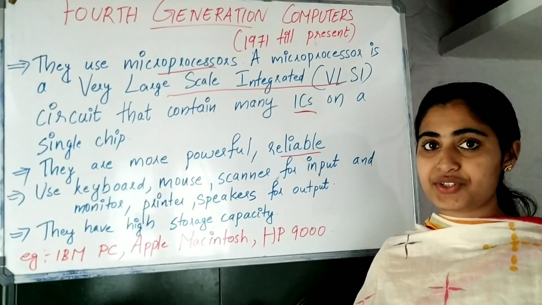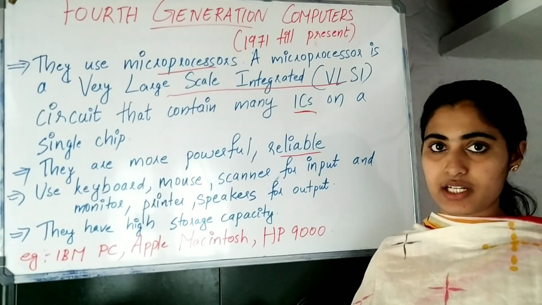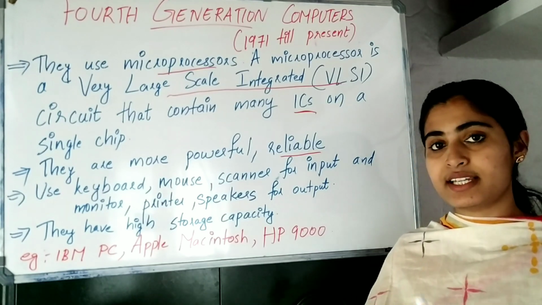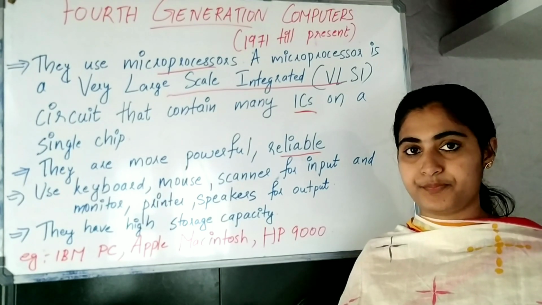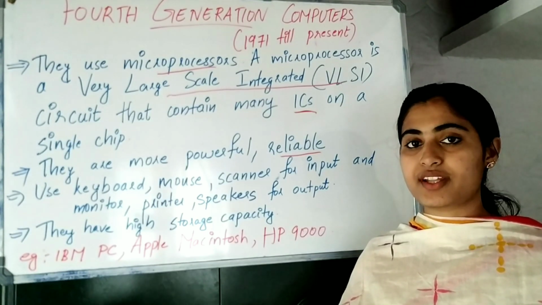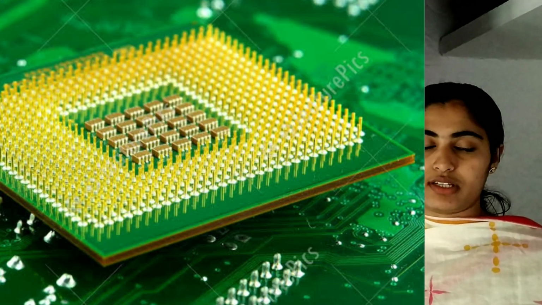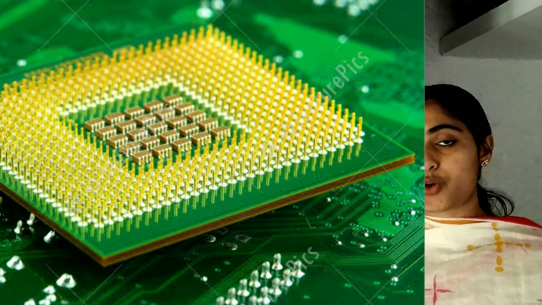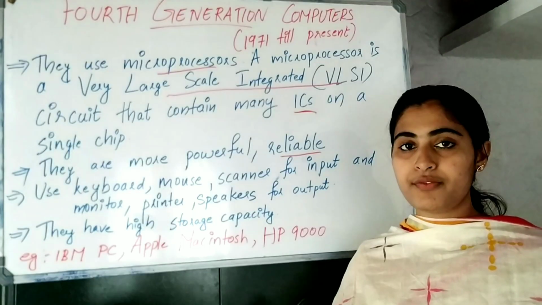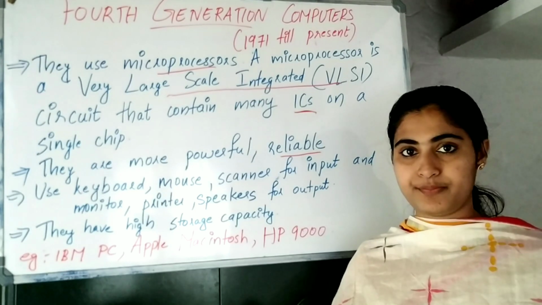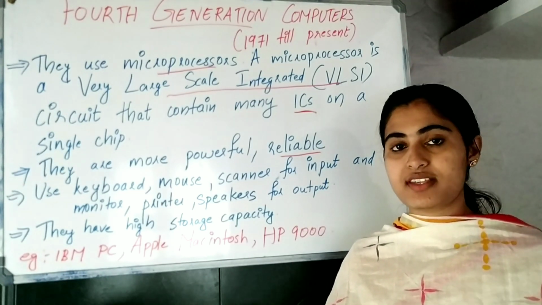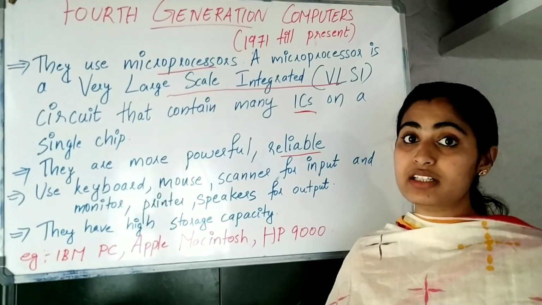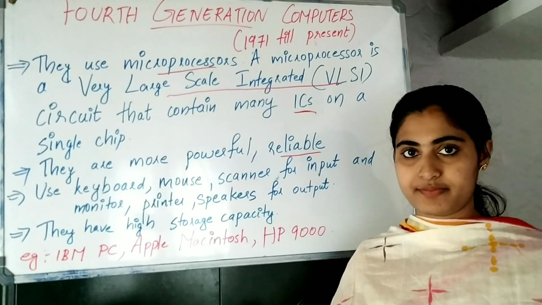In third generation, we used integrated circuits, and inside an integrated circuit, there are thousands of transistors. Here in fourth generation, we use microprocessor, and inside a microprocessor, there are thousands of integrated circuits. See how the technologies are integrated from the earlier generations.